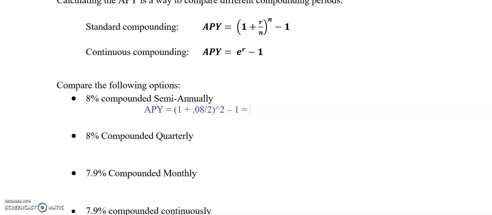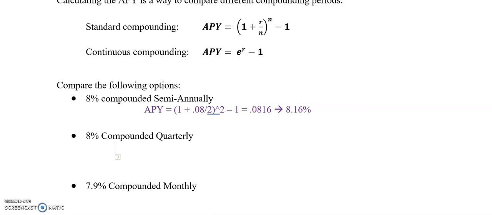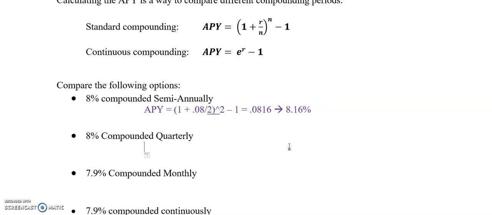So we plug all that into our calculator, and we see that the APY in that case is 0.0816, or 8.16%.